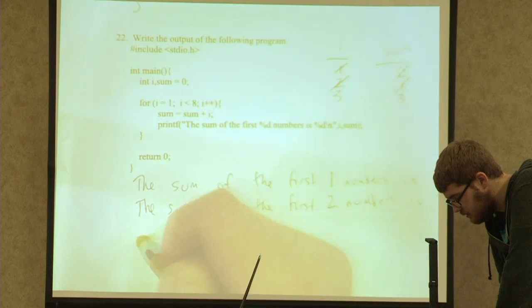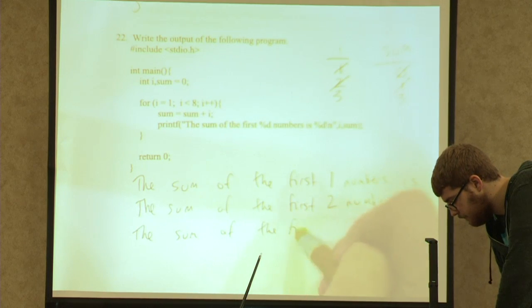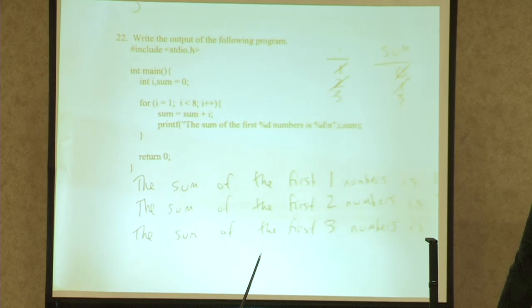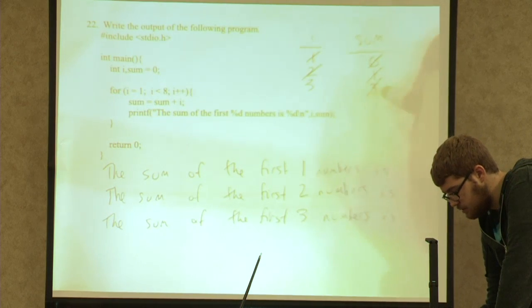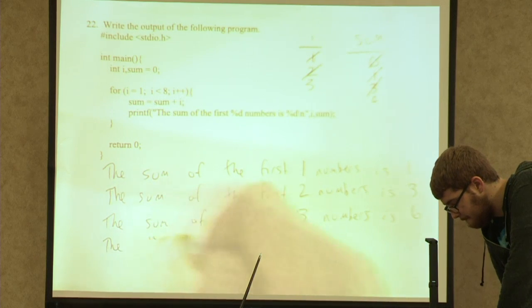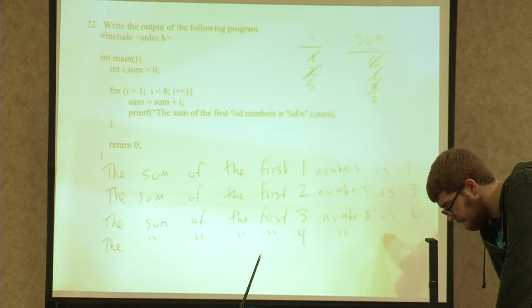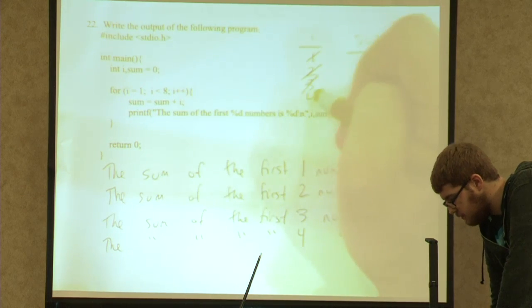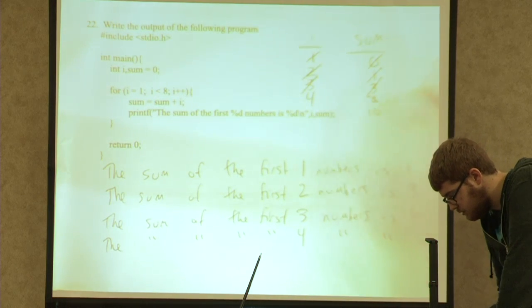We get 3. And then it would be 3 plus 3, which would be 6. So then sum would be 6, right? So then this one would change to 4 because it would increment it. 4 plus 6, 10, perfect.